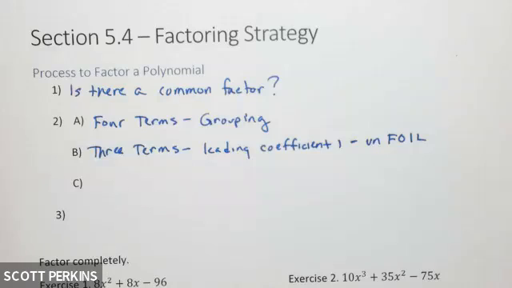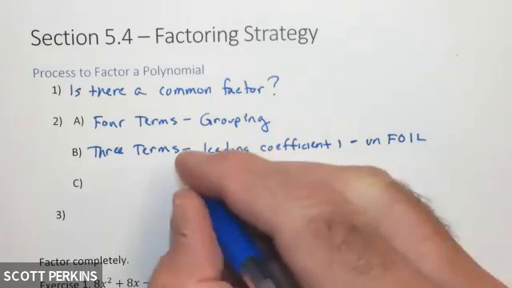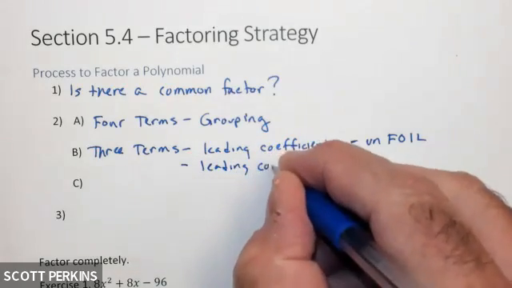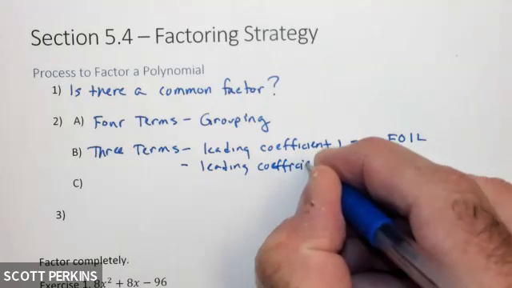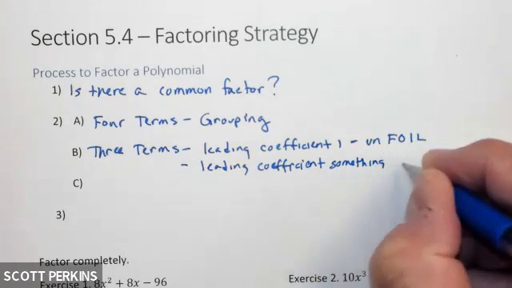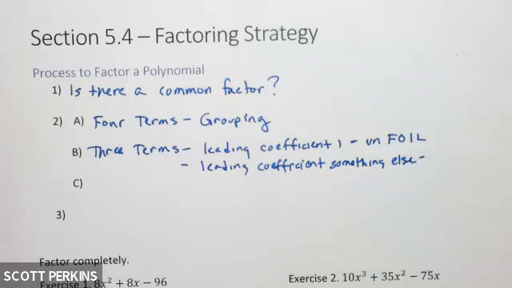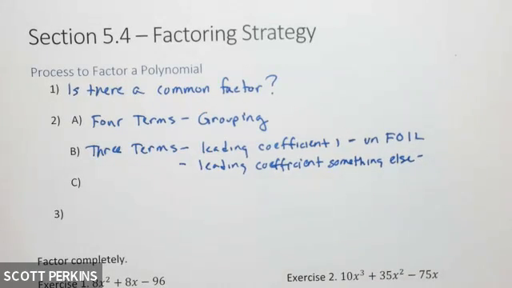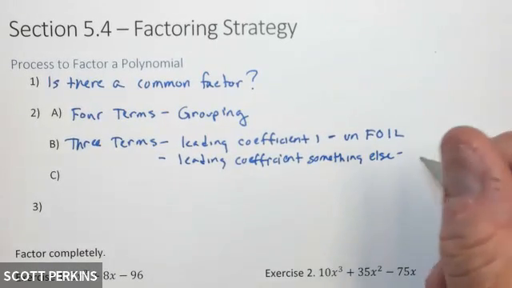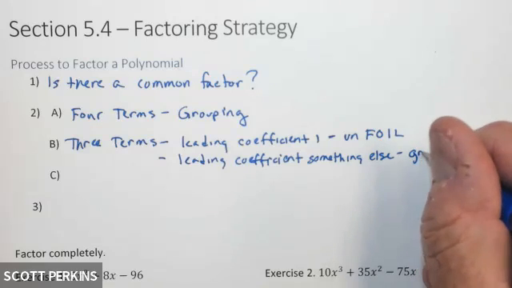We just wrote the 2 sets of parentheses and we said, okay, here's the firsts. And then what are the lasts that add up to the middle? And then if the leading coefficient was something else, what I showed you to do, it's not what you have to use, but what I showed you to do was called the AC method, or the grouping method is what I'll call it right here.